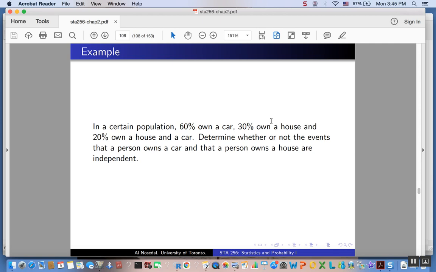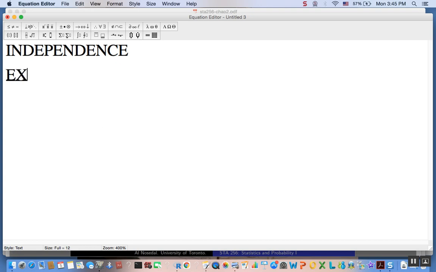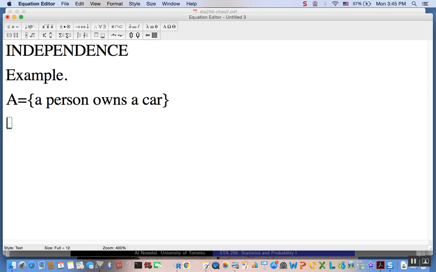So let's set it up. First, let's define the event A as a person owns a car. Event B, a person owns a house.